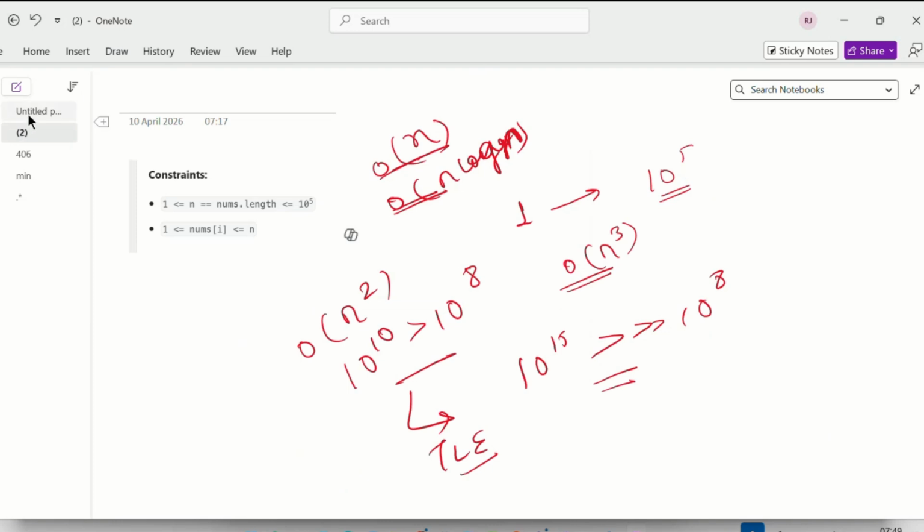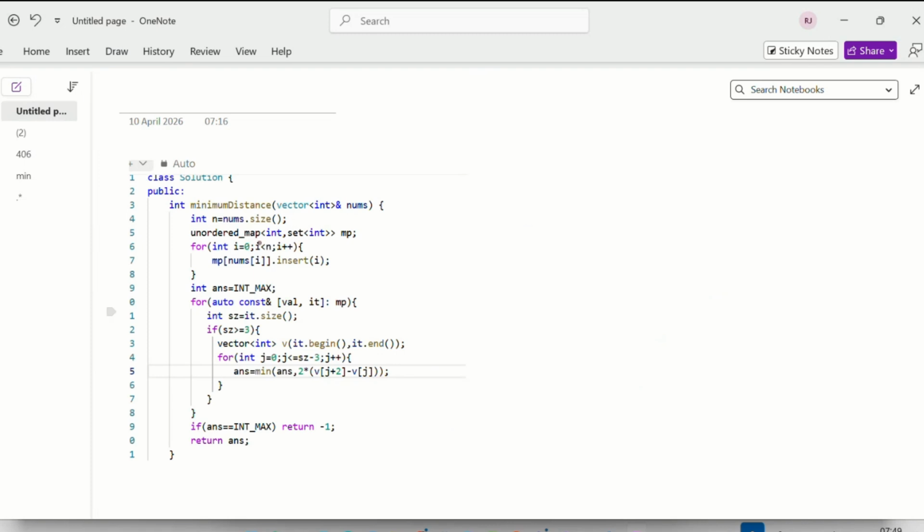I will tell you with the help of the solution. So what I have done in this case is declare this integer value nums.size, and we have declared this unordered_map<int, set<int>> mp.